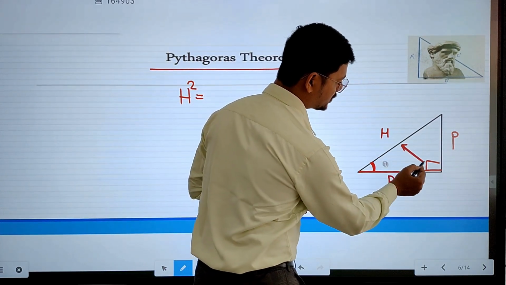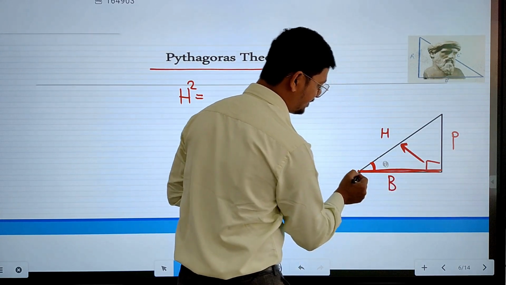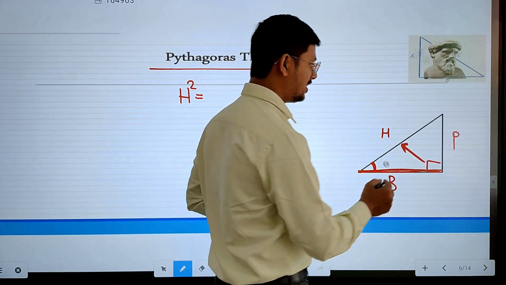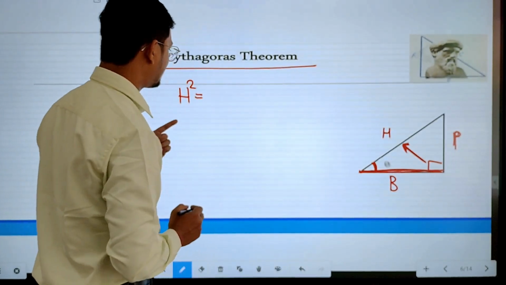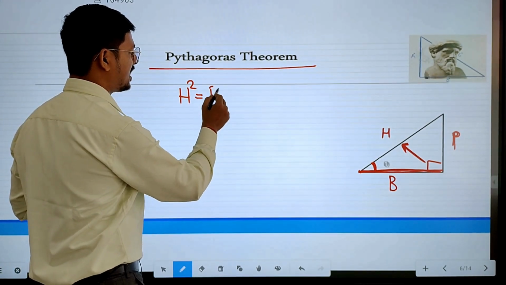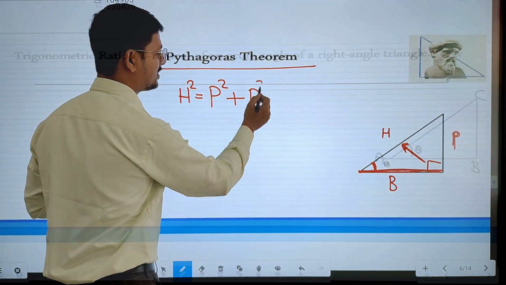Hypotenuse is the side opposite to the right angle, and the side which is adjacent to theta will be base, and the side which is opposite to theta will be the perpendicular. So this is our perpendicular. So in a right angle triangle, the square of the hypotenuse is equal to the sum of the squares of the other two sides. That means hypotenuse square is equal to perpendicular square plus base square.